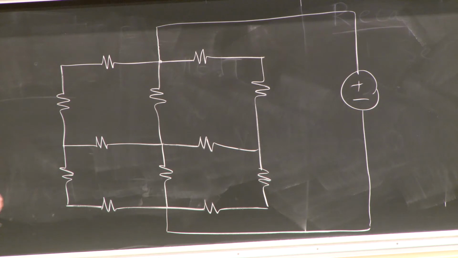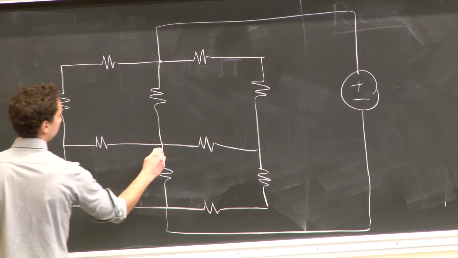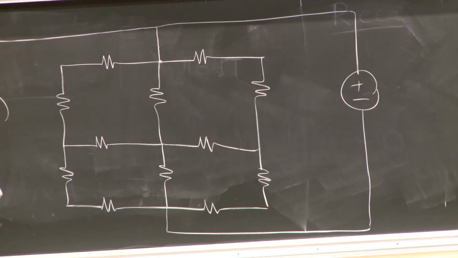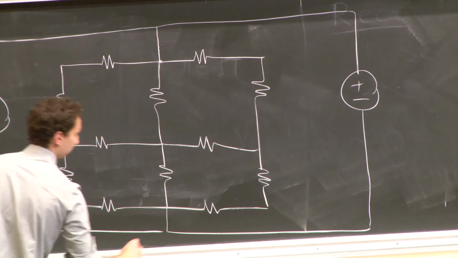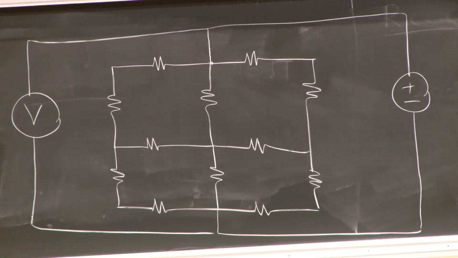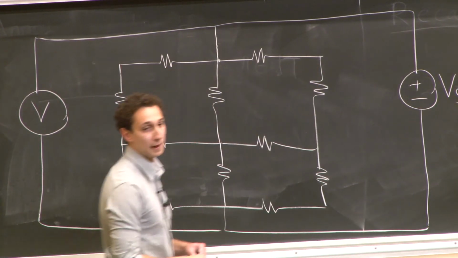So let's say I measure the voltage, let's put it right here, right? A nice easy one to start out with. Here's my voltage meter, make the connection down here. What's the voltage that I read there? Just the source voltage, right? Vs. So I can determine that one.